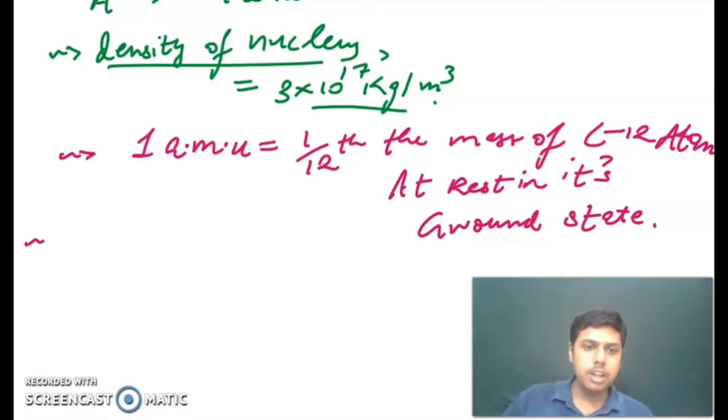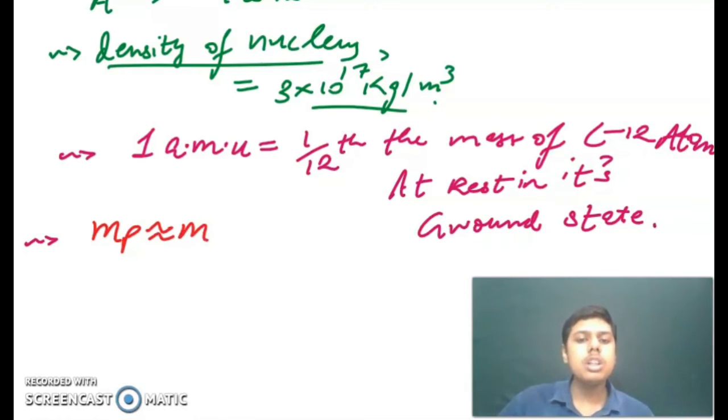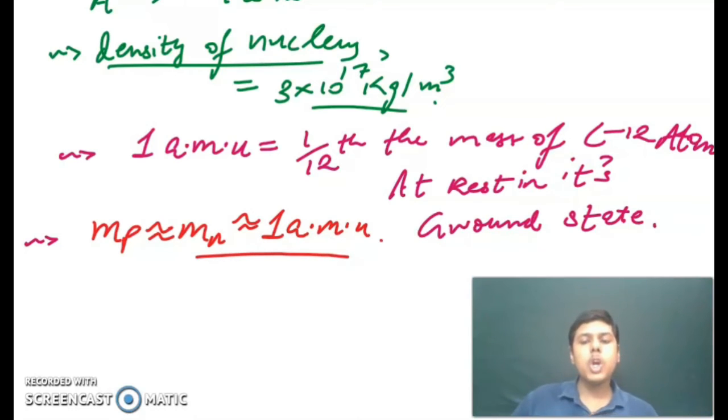Now let me also tell you an interesting fact, that the mass of proton is nearly equal to the mass of neutron, which is near about equal to 1 atomic mass unit. You should remember this, because ahead when we'll be solving some questions, it will be very useful.